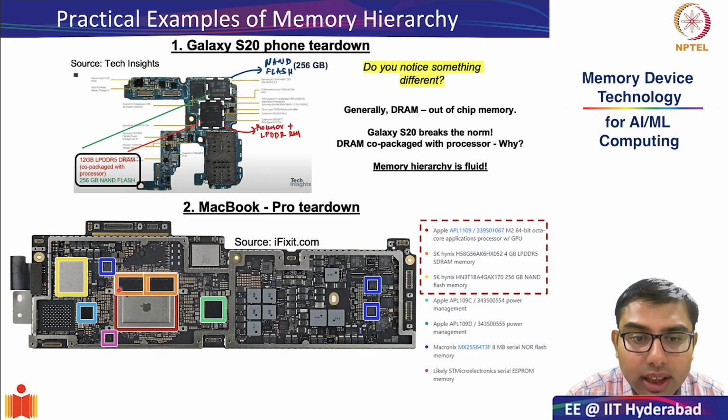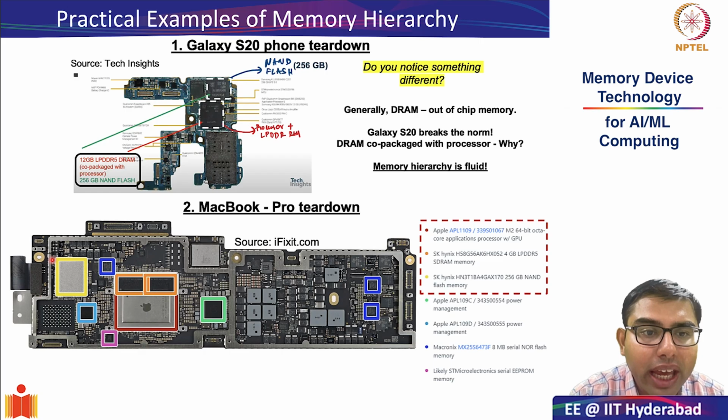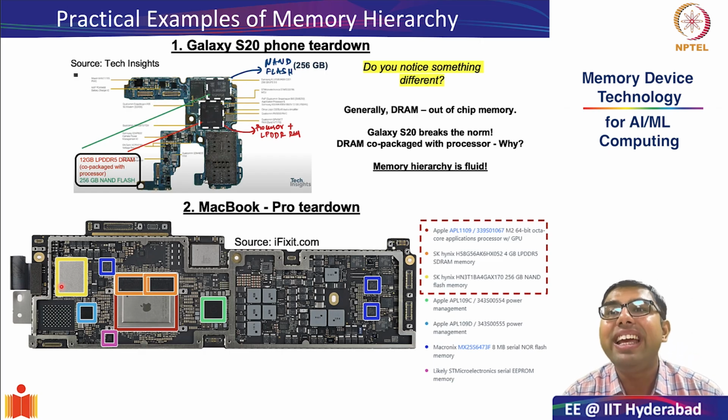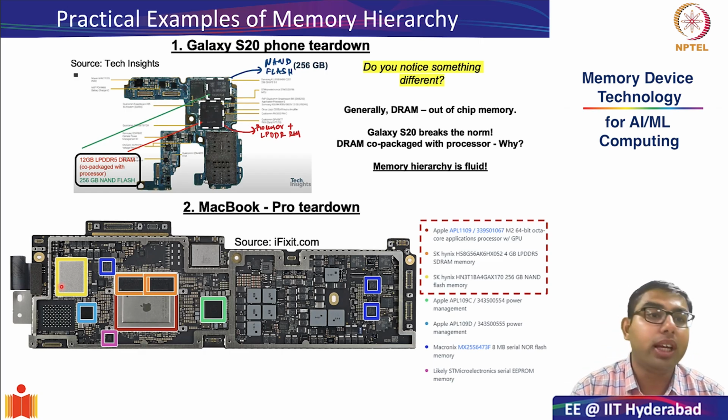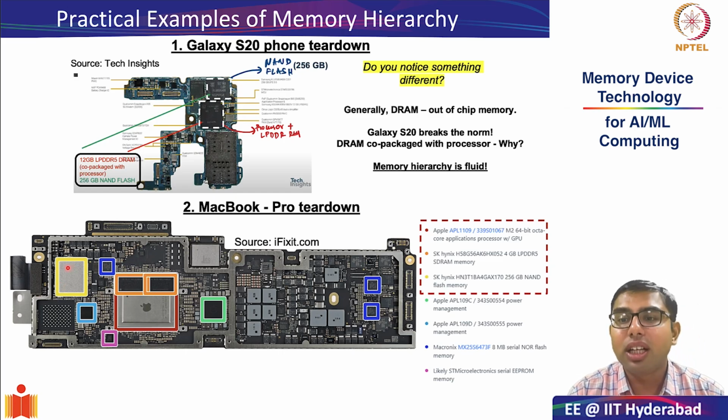As you can see, the DRAM chips are very tightly coupled to the processor. Just a little distance away is a chip which is indicated with yellow boundary. What is this chip? This is again a chip coming from SK Hynix, but it is a 256 GB NAND flash memory.